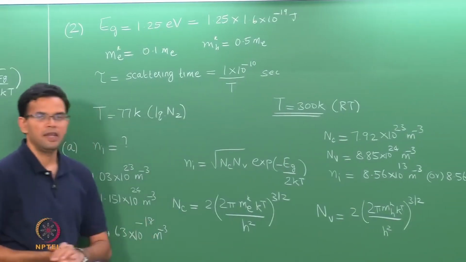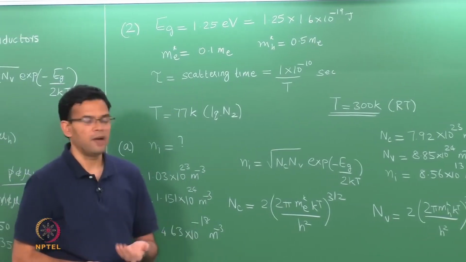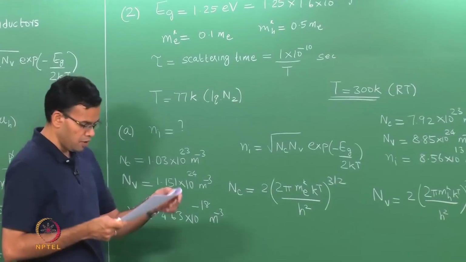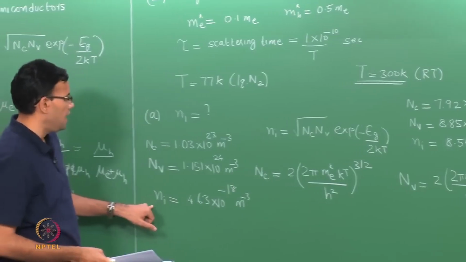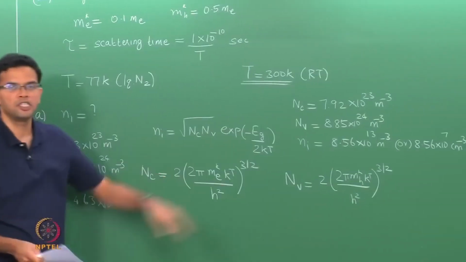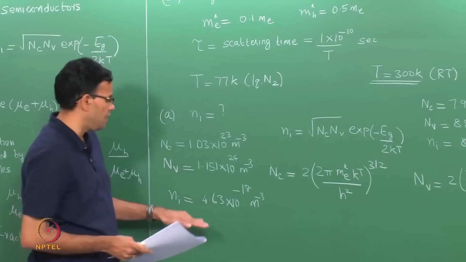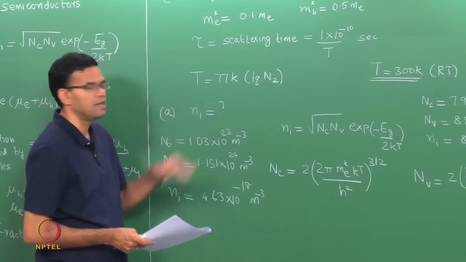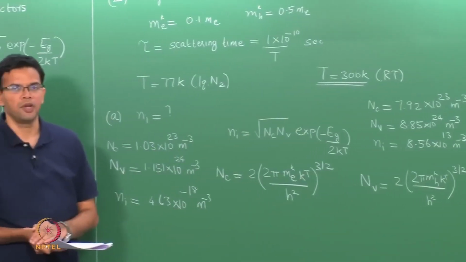So, your Nc and Nv values, if you look, are off by only one order of magnitude, simply because you have a rise in temperature, but because your Ni depends exponentially on the band gap, there is a huge variation between 77 Kelvin, which is your liquid nitrogen temperature, and 300 Kelvin, which is room temperature.